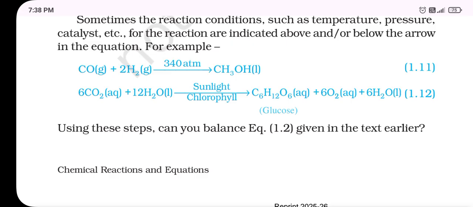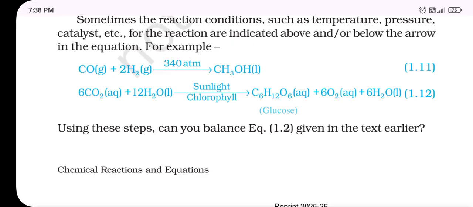What is the formula of glucose? Yes, that's correct, C6H12O6, in aqueous form. And it also produces oxygen gas, which is very essential for humans to survive on this planet.